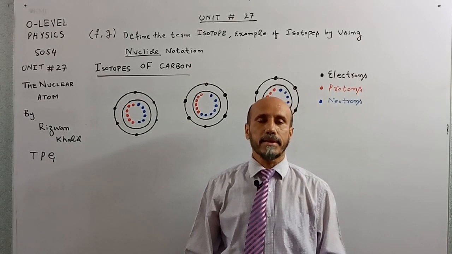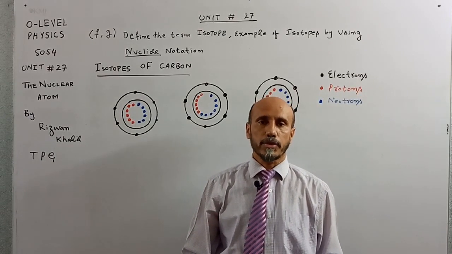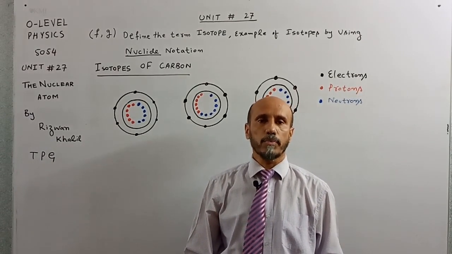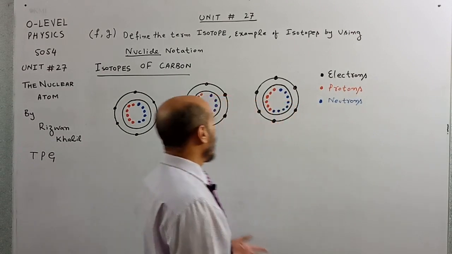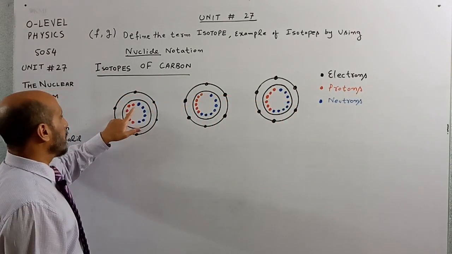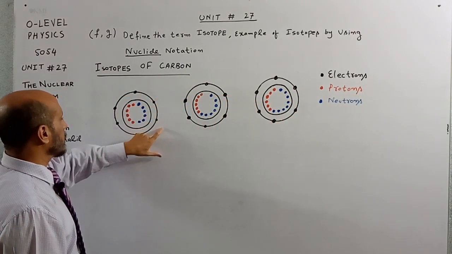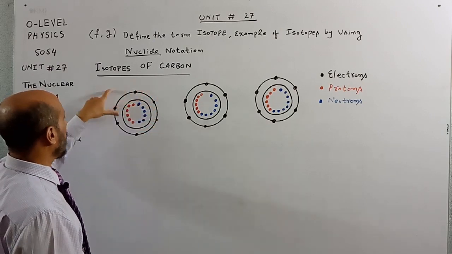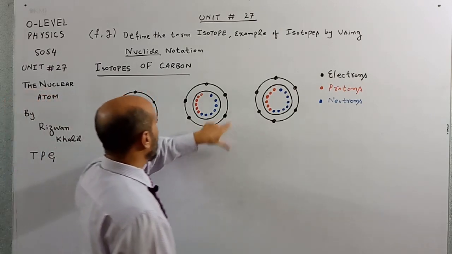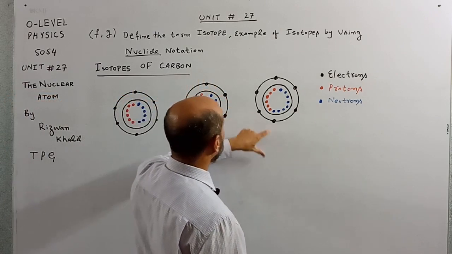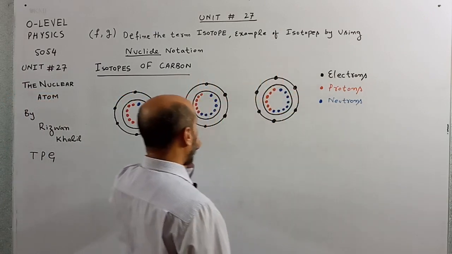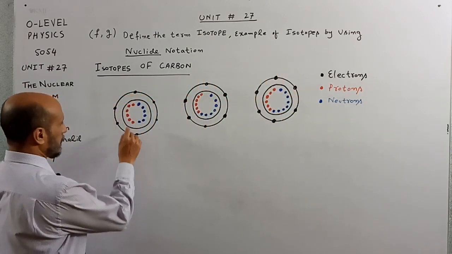Now we will consider another example of isotope, and that is the isotopes of carbon. Now you can see how many electrons there are: 1, 2, 3, 4, 5, 6 in each atom. And how many protons are there?